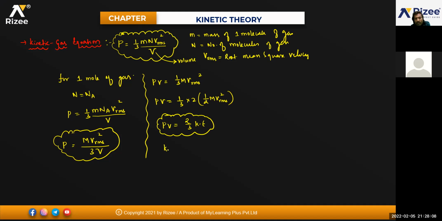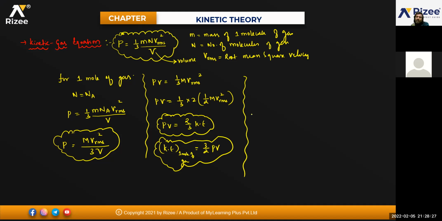That means kinetic energy of 1 mole of gas will be equal to 3 by 2 times pressure into volume. Clear? For 1 mole, we know the relation PV is equal to nRT, with n equal to 1, so PV is equal to RT.